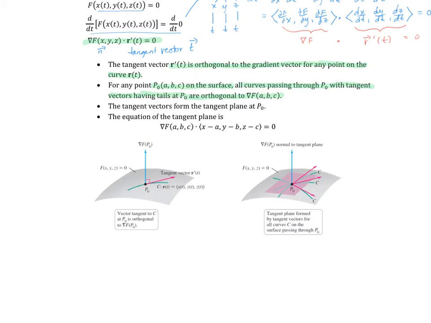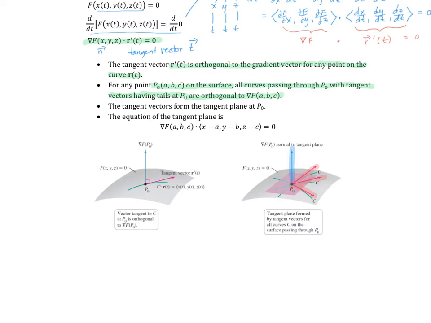So this is what it means. If you look at this second diagram, we have this normal vector and we have our point. And we have a bunch of curves that are passing through this point on the surface. We'll notice that any tangent vector with a tail at that point is going to be orthogonal to that gradient vector.